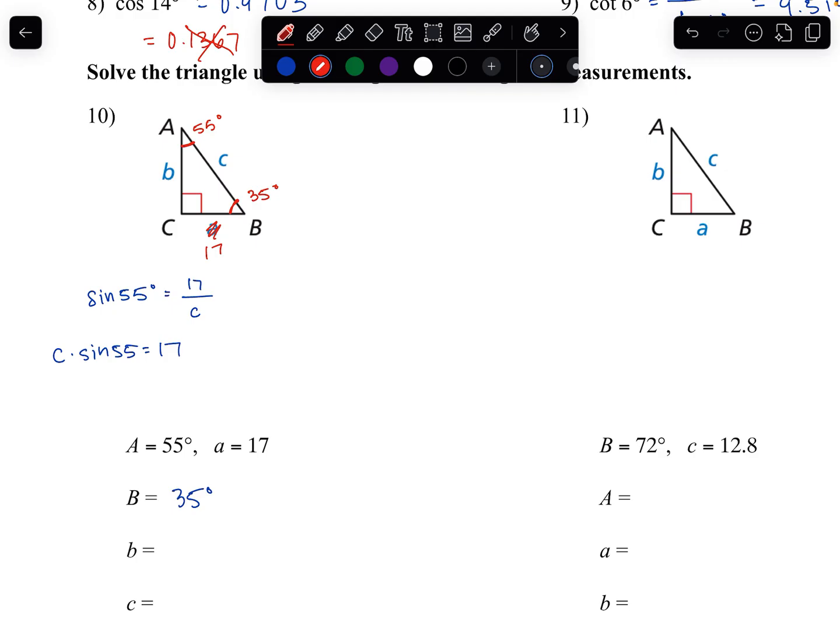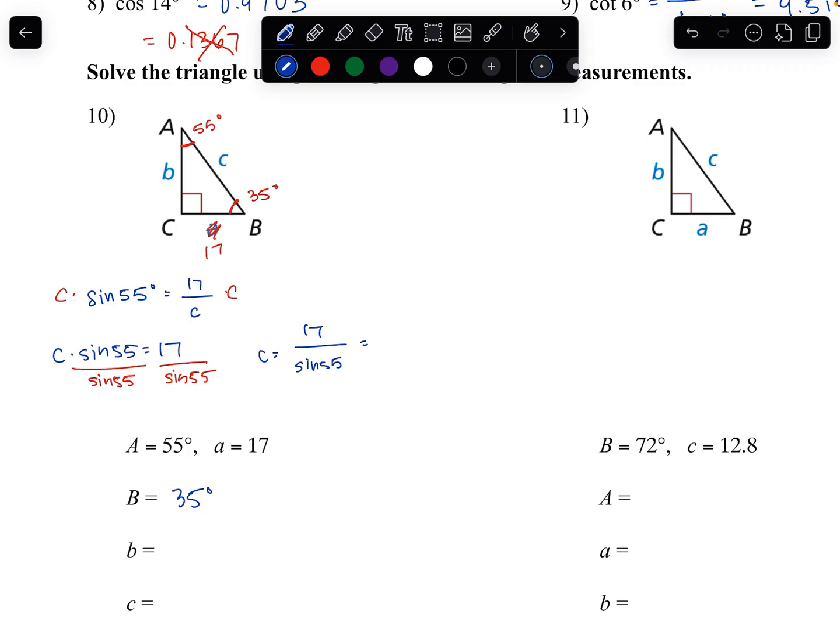Then I divide by sine of 55, so C is equal to 17 divided by sine of 55 degrees.